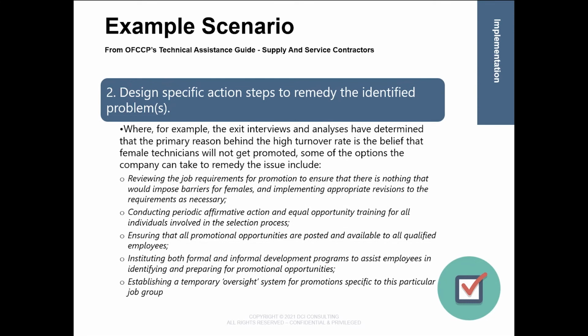So, some of the options a company can take to remedy the issue include reviewing the job requirements for promotion to ensure that there is nothing that would impose barriers for females, and implementing appropriate revisions to the requirements as necessary. They can also conduct periodic affirmative action and equal opportunity training for all individuals involved in the selection process.